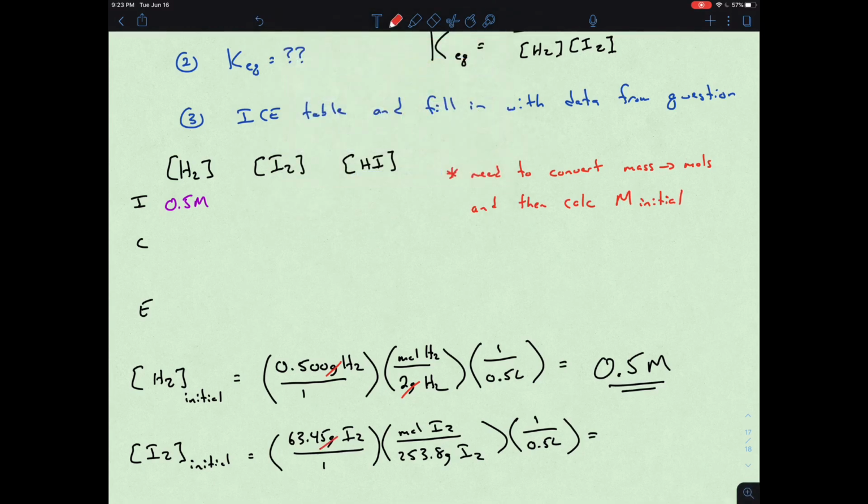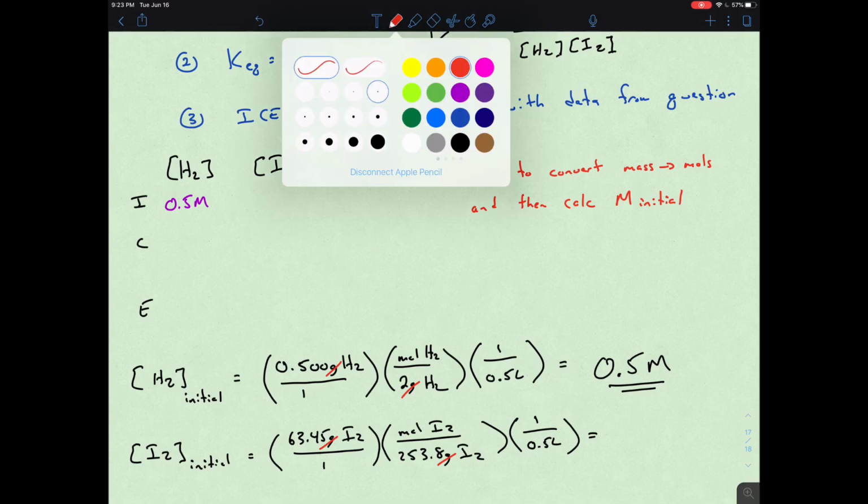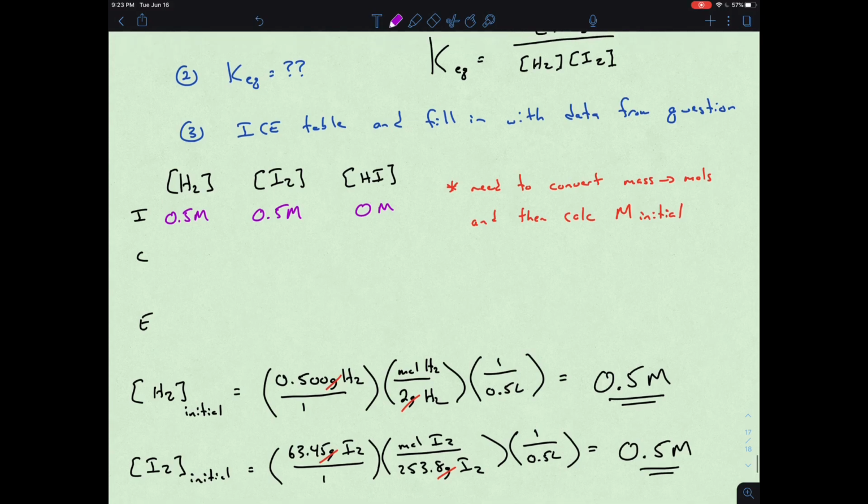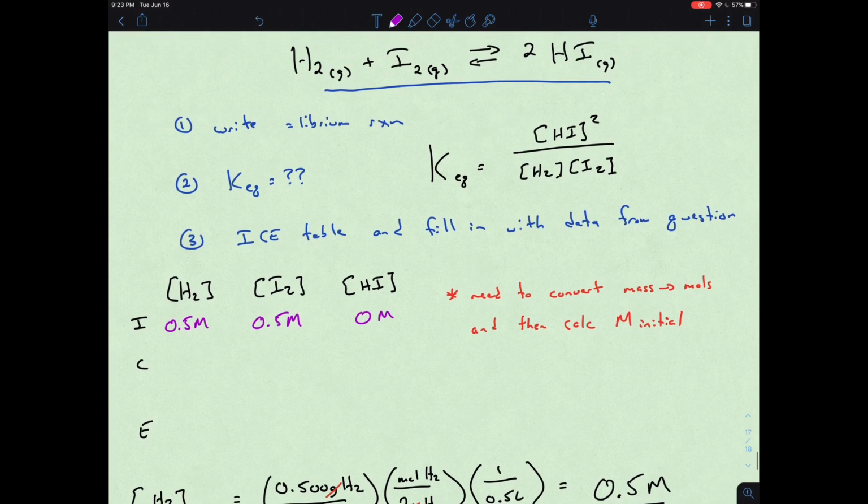So we're doing the same calculation to get the moles, and then dividing by the volume to get the molarity, which we find is actually the same as the hydrogen. It's actually 0.5 molar. If we go back to that question, there was nothing mentioned about initial conditions for the hydroiodic acid, so we would have to assume that there's nothing there, and so that would be 0. If we scroll back just a little bit to look at our reaction, we now know the direction of change.